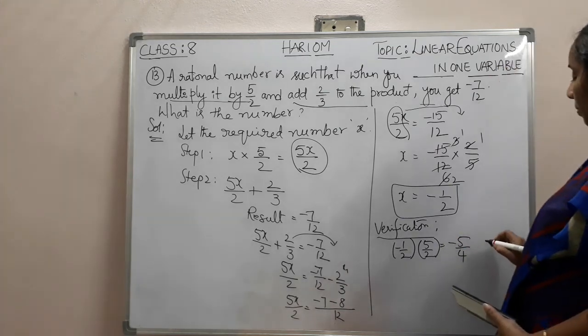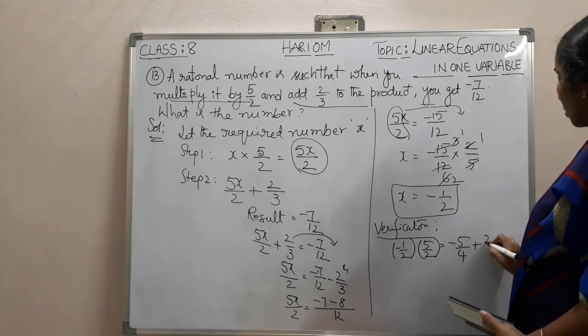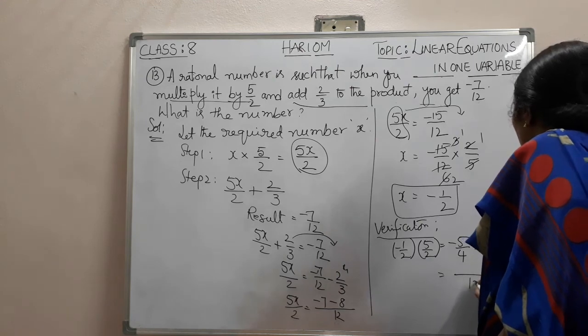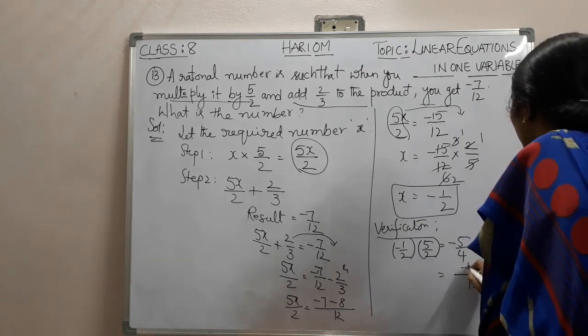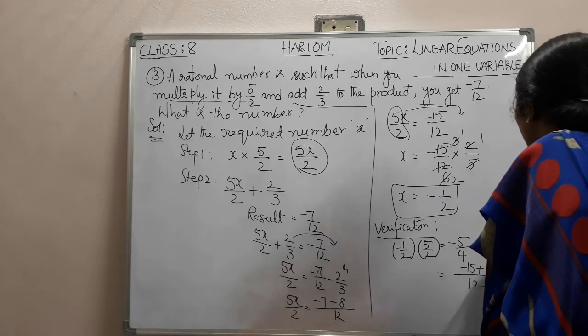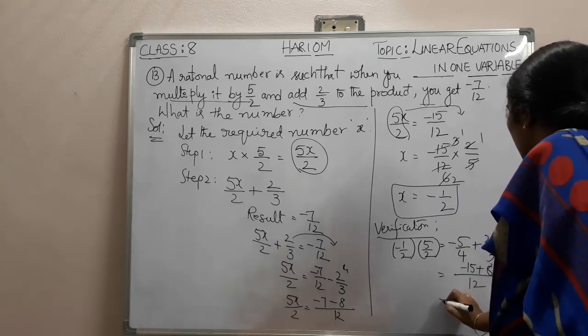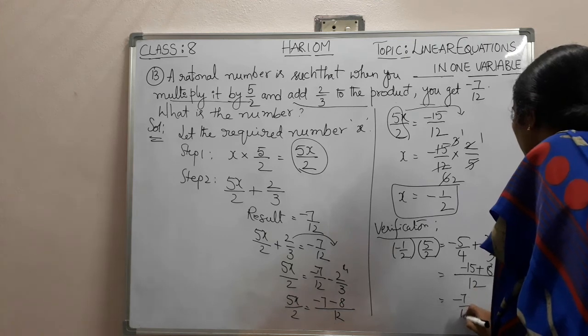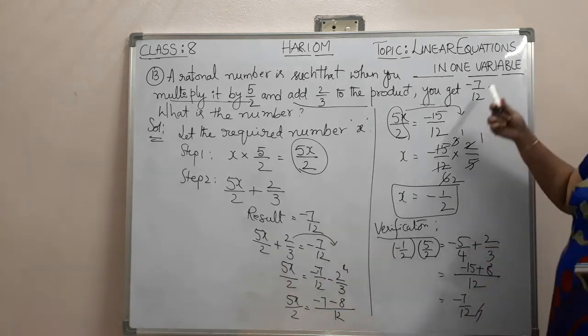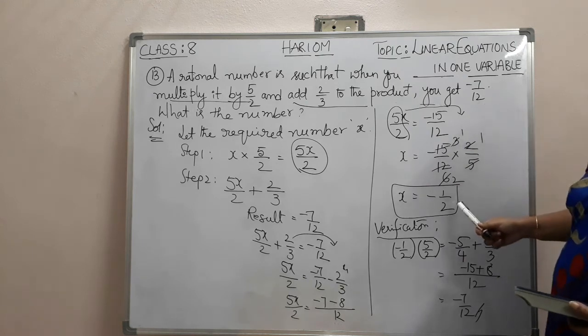This minus 5 by 4 is added to 2 by 3. LCM is 12. 4 3s, 3 5s, 15. 3 4s, 4 2s are 8. It is minus 7 by 12. Okay. So when it is minus 7 by 12, its result is minus 1 by 2.